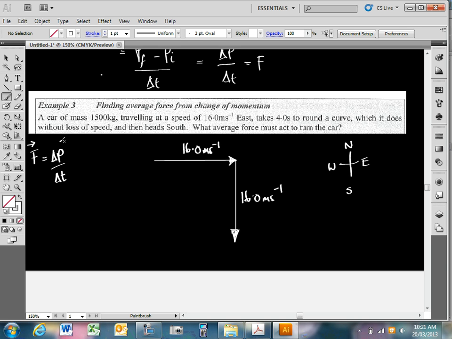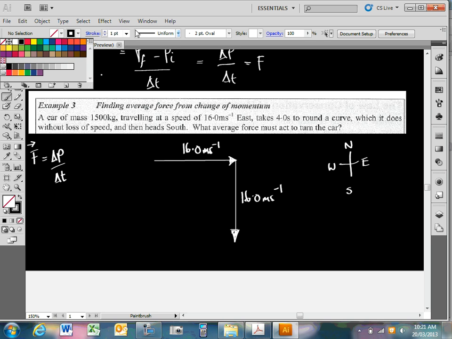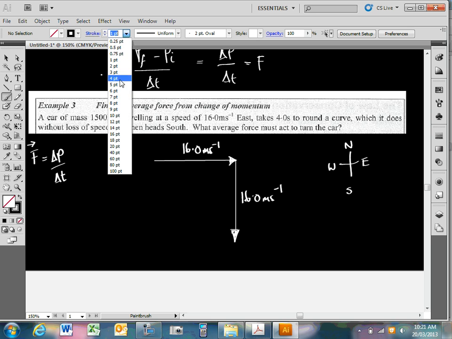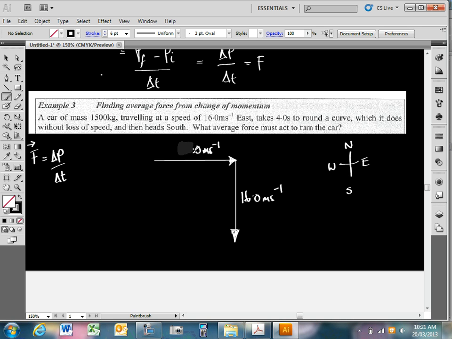What two pieces of information do we need to calculate this? Mass and velocity, don't we? We're given mass, we're given velocity. Okay, so we can change these 16 meters per second. I'm going to talk in momenta, plural of momentum.